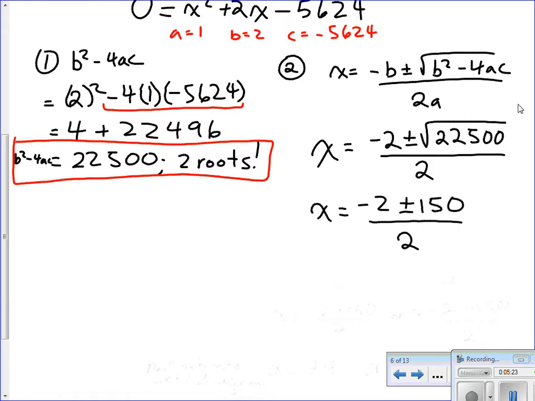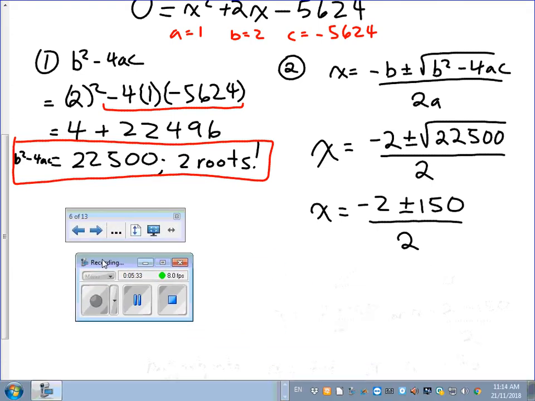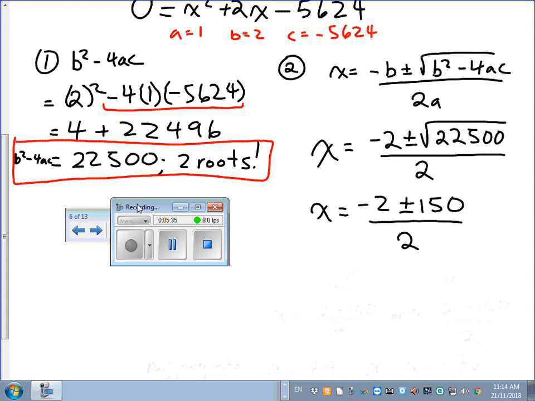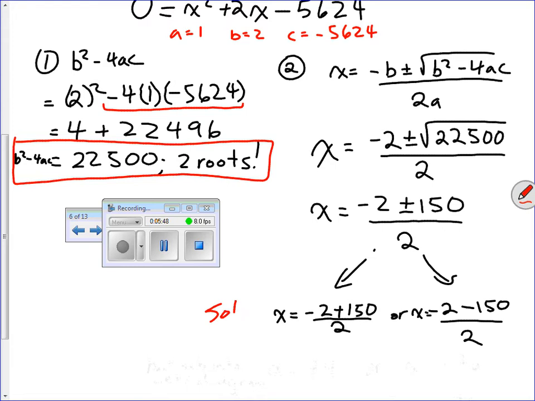So now when we simplify, we end up with negative 2 plus 150 all over 2. That problem now splits into 2 parts, and those solutions are literally going to be this: x equals negative 2 plus 150 over 2, or x equals negative 2 minus 150 over 2. And we say that these are the solutions.